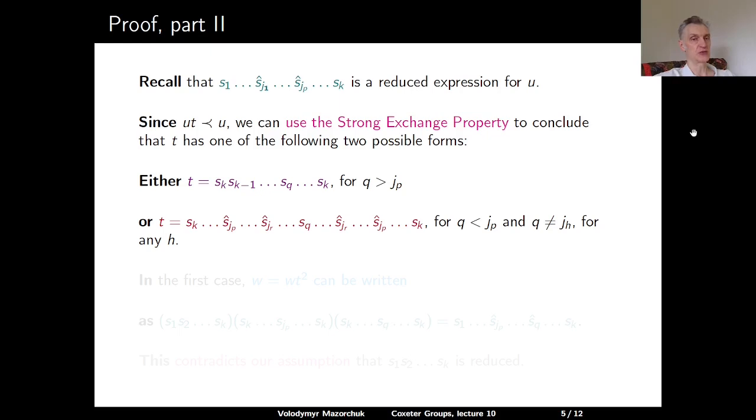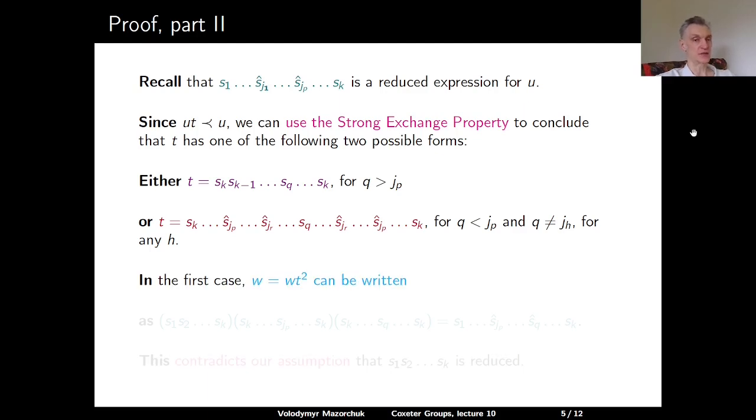Or t is equal to s_k and so on, then s_jp removed, and so on, some s_jr removed, and so on, and then s_q, and then we go back with removed letters as well. And now here q is strictly smaller than jp, but is not equal to any jh, any letter which we removed from w to get u.